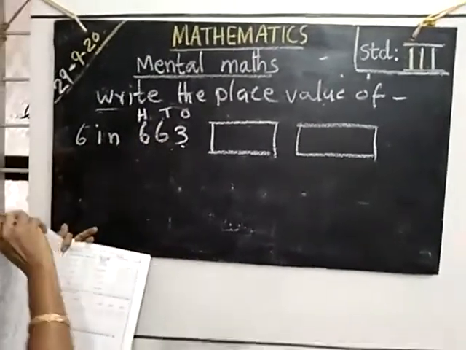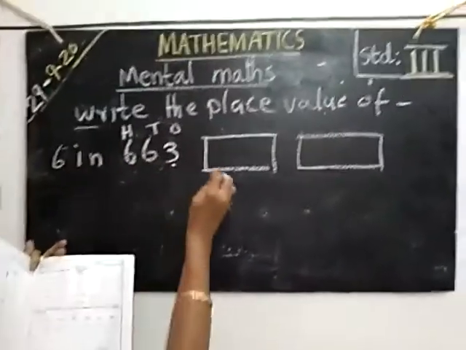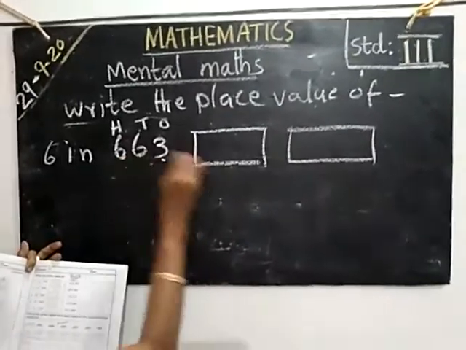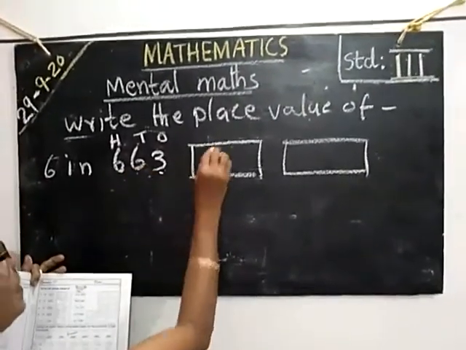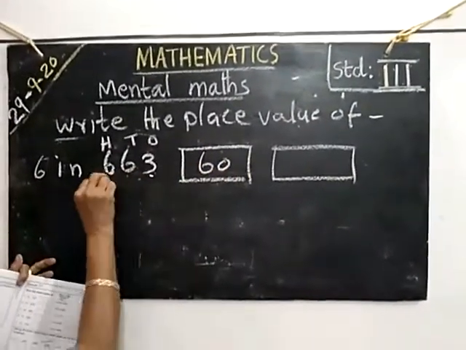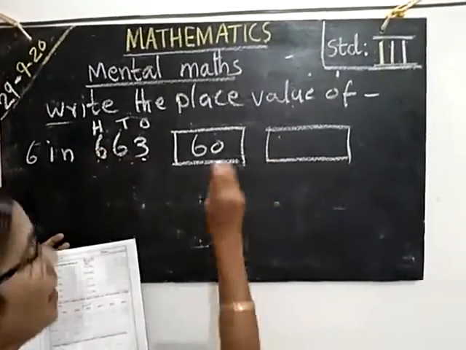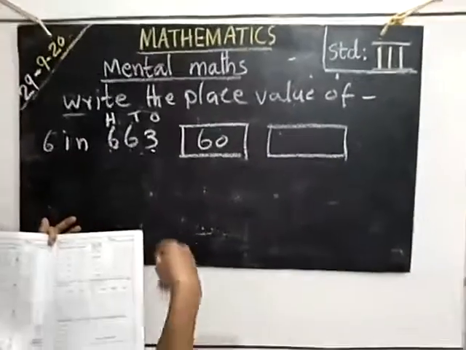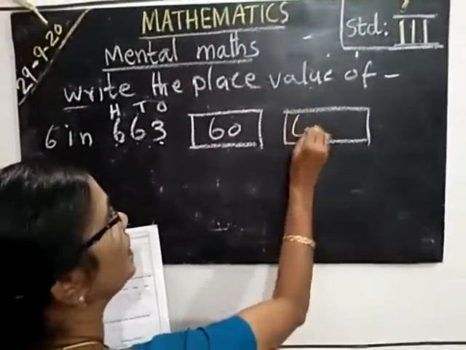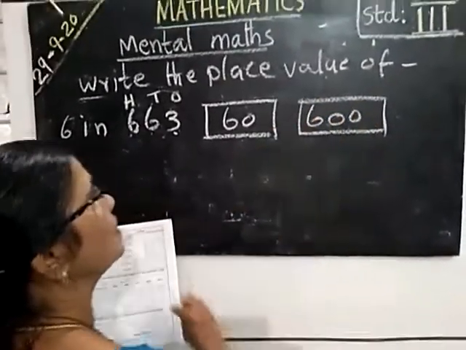Then for the two 6s we have to write that. 6 tens means 60. 600 means 6 into 100. 6 times 100 makes 600.